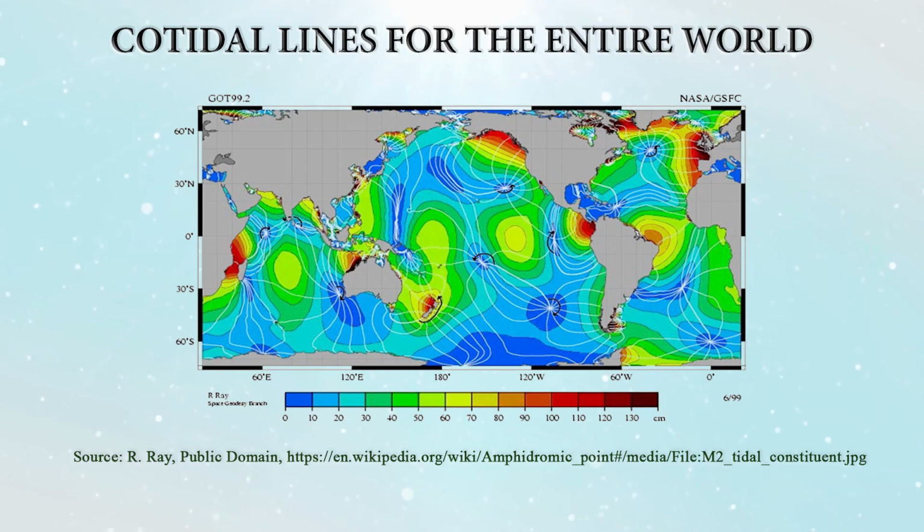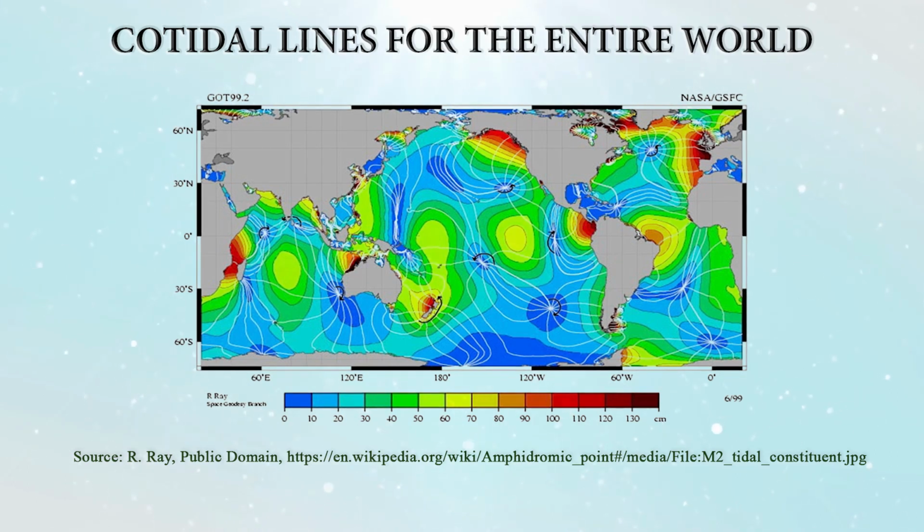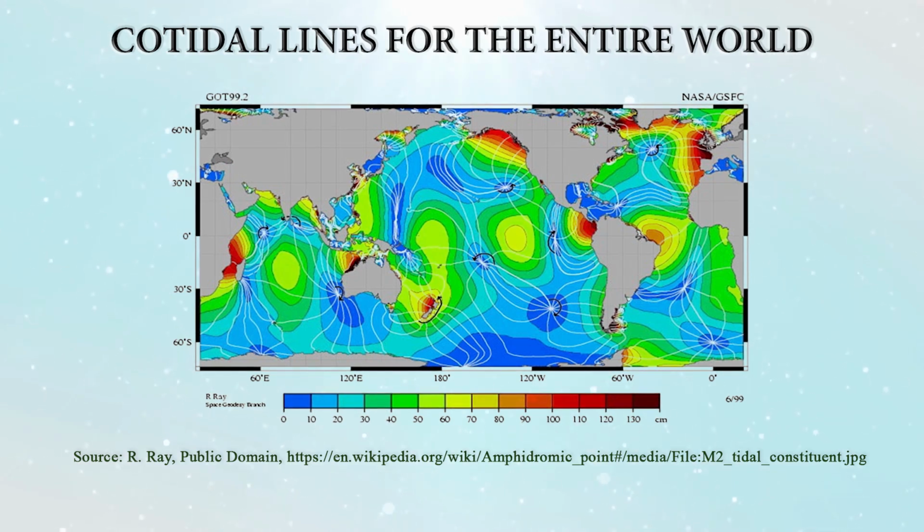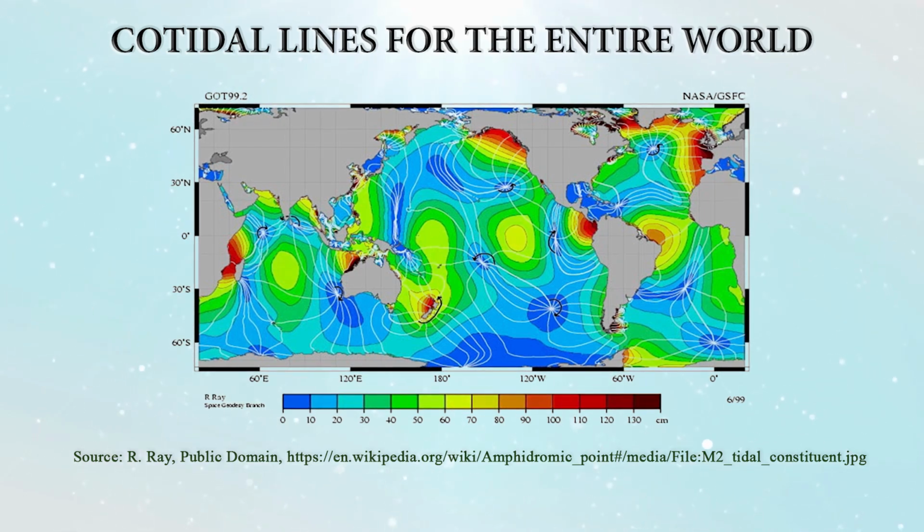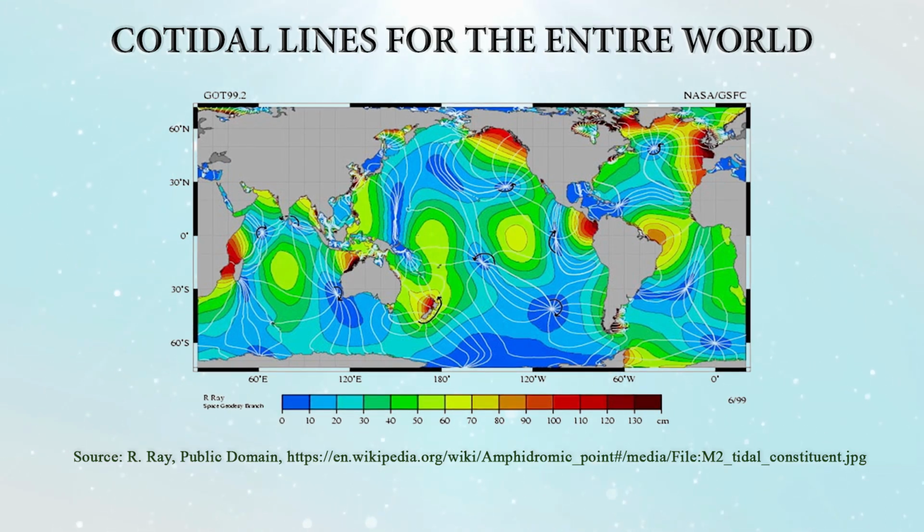This is a map drawn for the entire world, and you can see the amphidromic points, and as the height of the tide increases towards the coast, it is shown in mostly green, yellow, even orange. So high tides are found in the coastal areas where the co-tidal lines reach, forming a tidal bulge, compared to the amphidromic points.